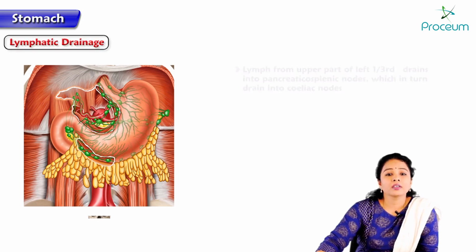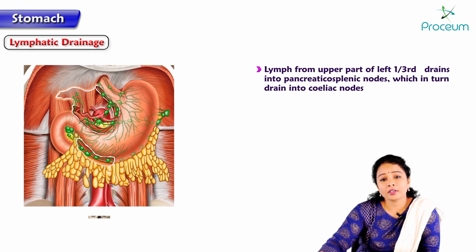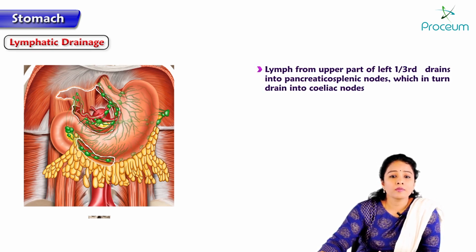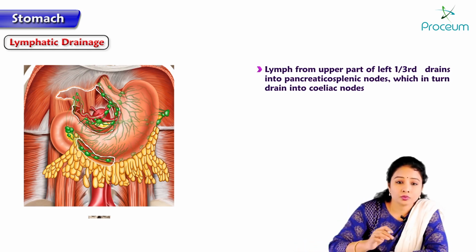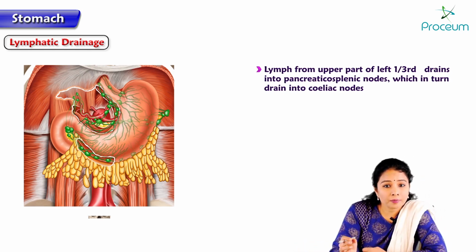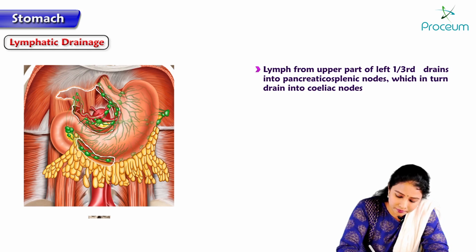Lymphatic drainage. Lymph from the upper part of the left 1/3 drains into pancreatico-splenic nodes, which in turn drain into celiac nodes. So upper part left, upper left means here.